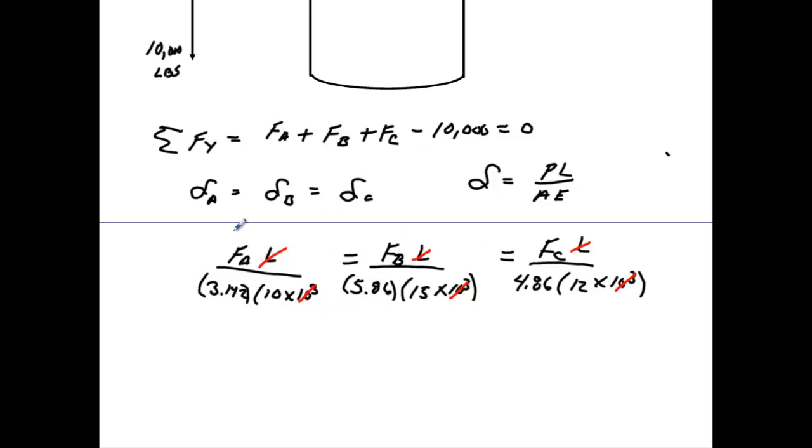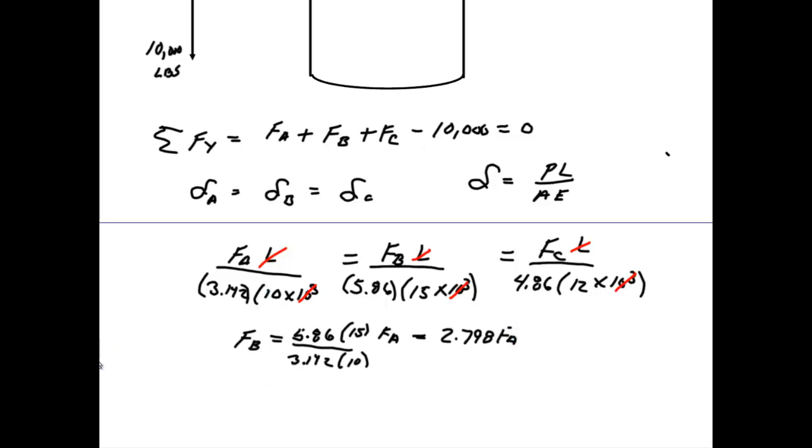If we look at just this part right here, then we can say that FB is going to equal 5.86 times 15 divided by 3.142 times 10, and then that'd be F of A. Solving for FB in terms of FA, we get 2.798 FA.